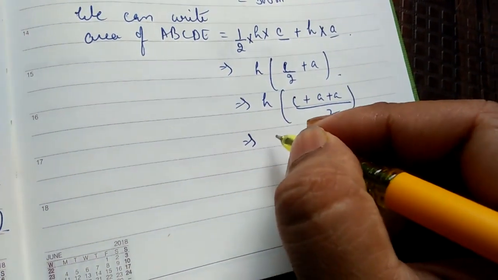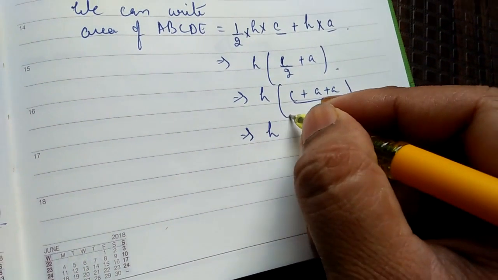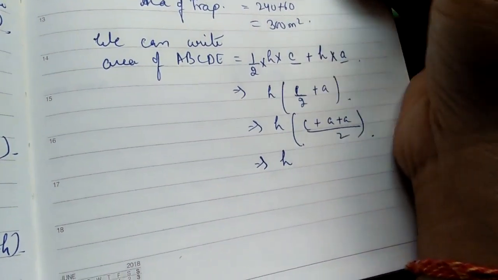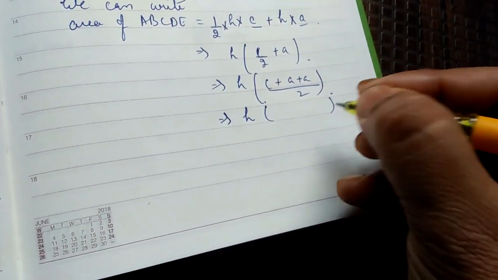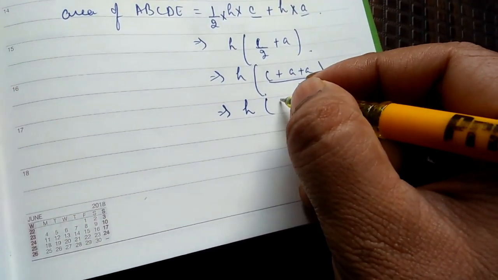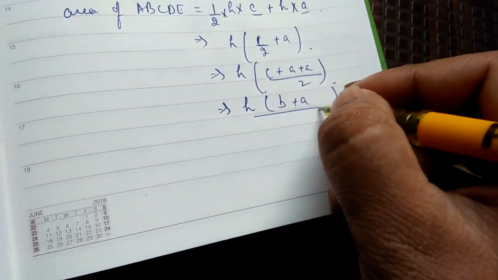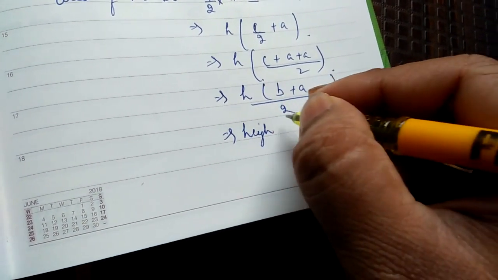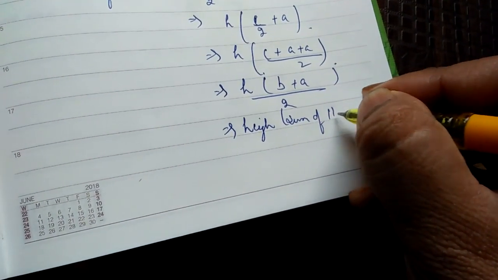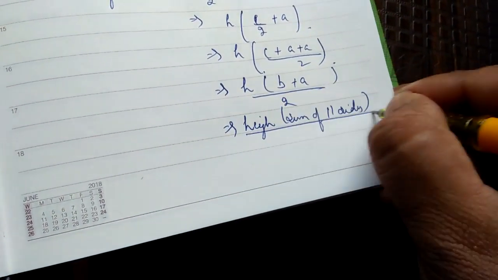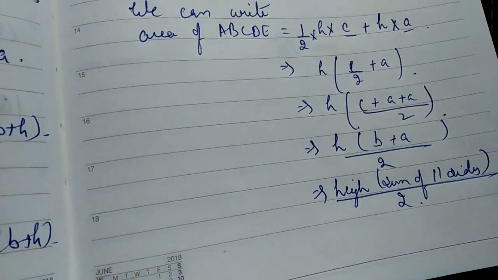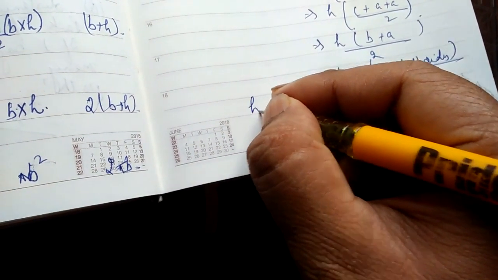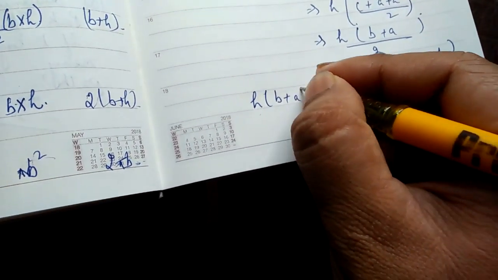So C plus A is the length 30 meters, so this is B plus A by 2. So this is height into sum of parallel sides by 2. So the area of a trapezium can be given by height into sum of parallel sides by 2.